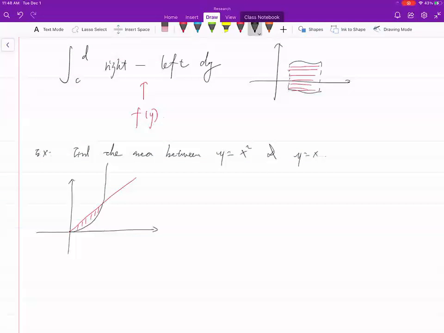Moreover, do it in both ways, which means do it in dx and do it in dy. Don't actually go ahead and try to find the number. Just try to set it up. The key is how to set it up. The integration is relatively easy.